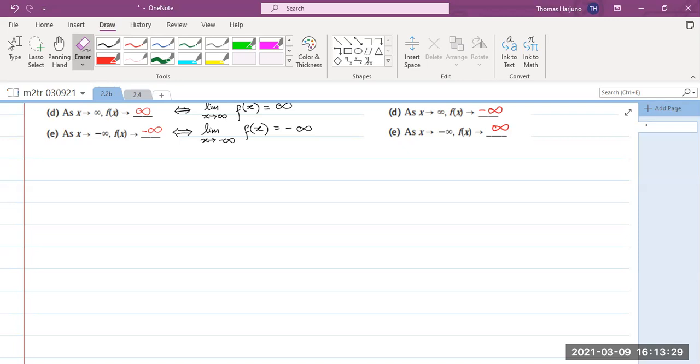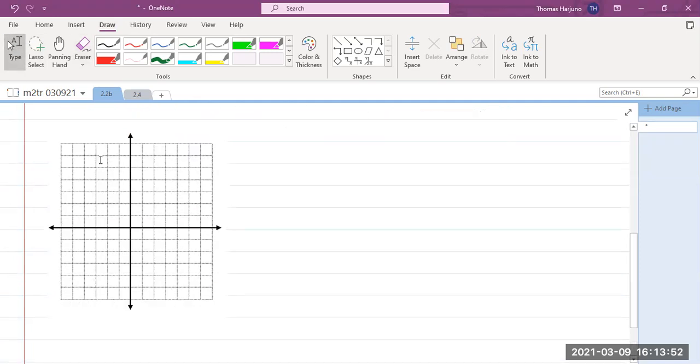Let me try to graph that. Suppose we have this example here, okay?